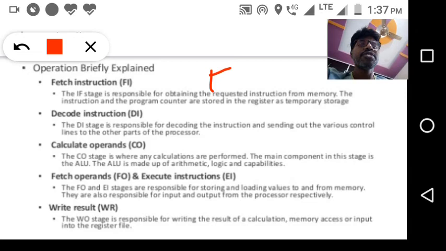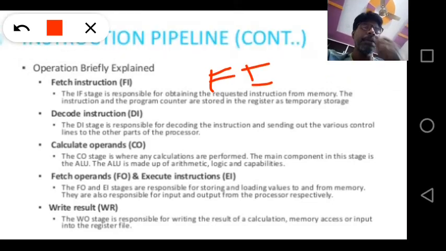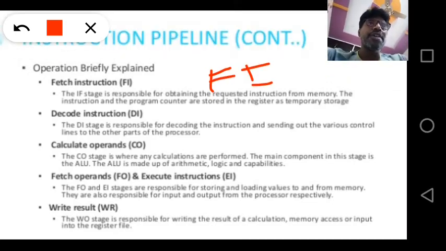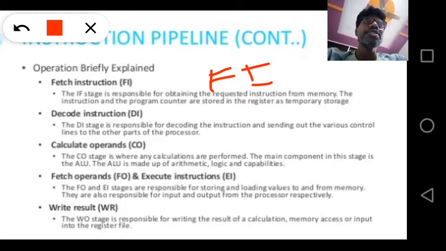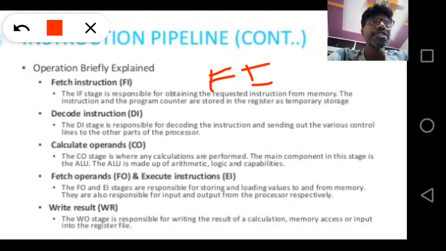The first one is fetching of instruction. The instruction fetch stage is responsible for obtaining the requested instruction from memory. It has to fetch an instruction from memory, whose address is stored at PC, the program counter register.